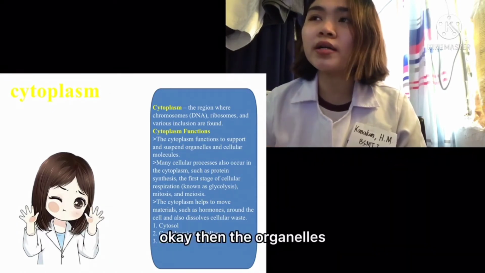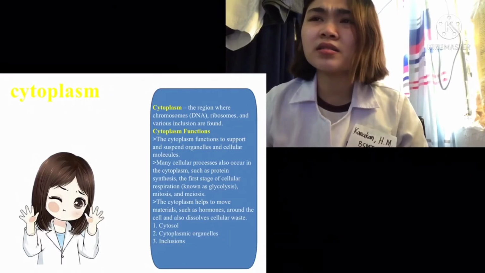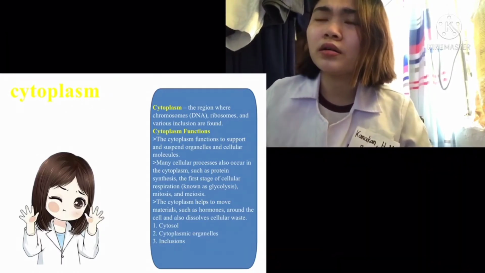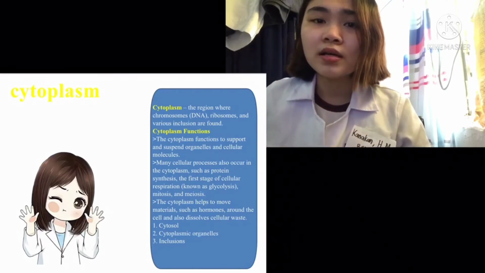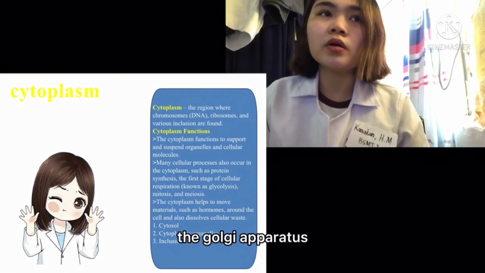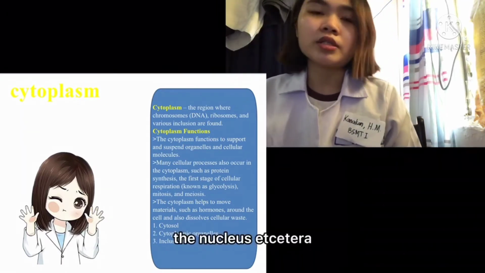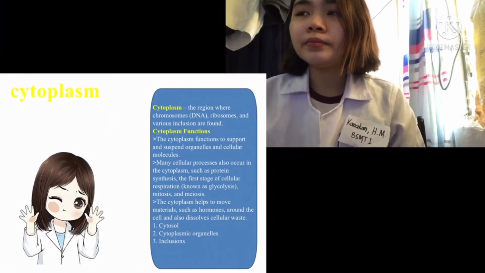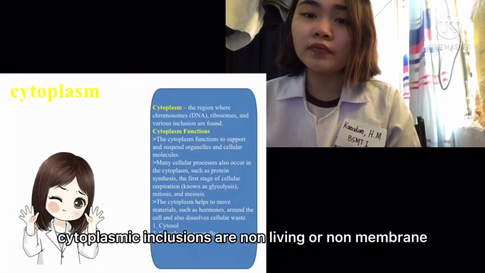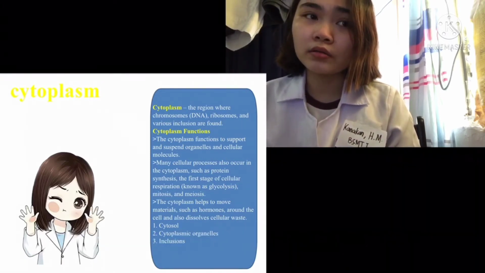Okay, then the organelles, it is inside the cell. For example is the endoplasmic reticulum, the Golgi apparatus, the nucleus, etc. And then cytoplasmic inclusions are non-living or non-membrane. Okay.